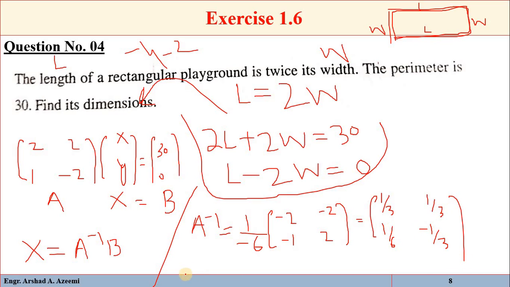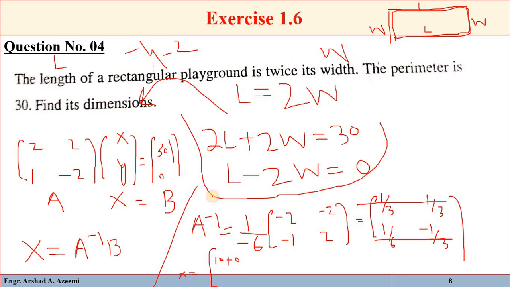Now we know that X is equal to A inverse multiplied by matrix B. So the first row with the column: 1 by 3 multiplied by 30, we will get 10, plus 1 by 3 multiplied by 0, which is 0.